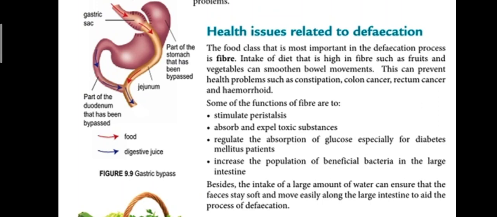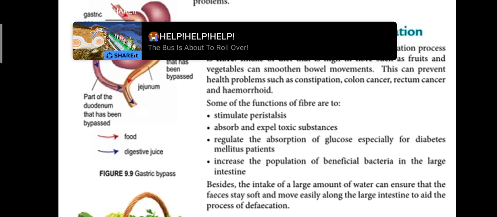Okay, health issue related to defecation. The food class that is most important in defecation process is fiber. Intake of diet that is high in fiber such as fruits, vegetables will smoothen the bowel movement.